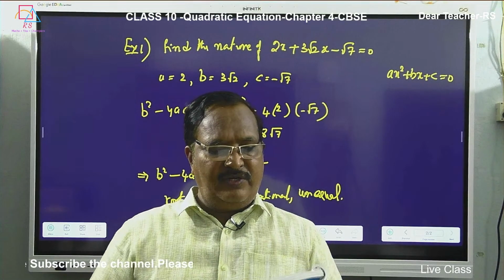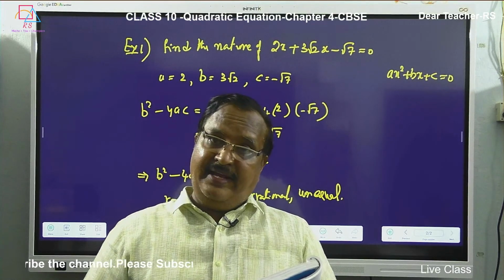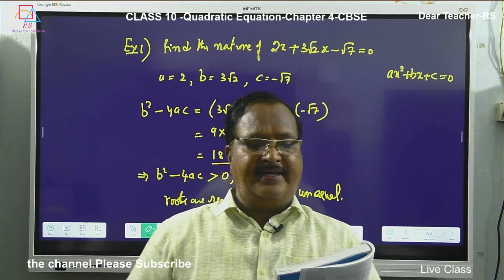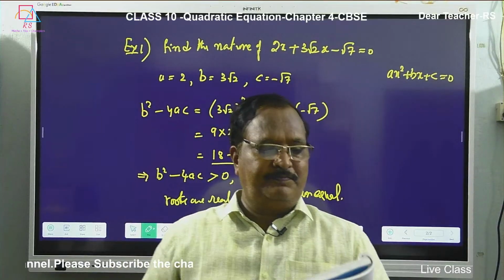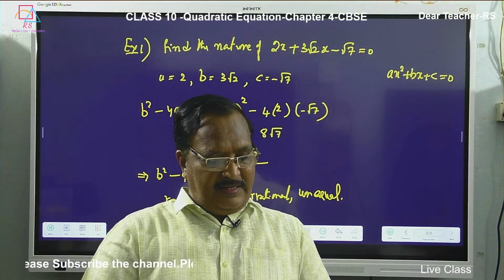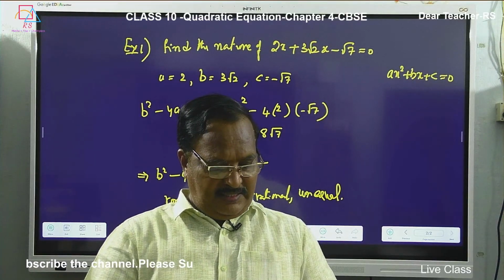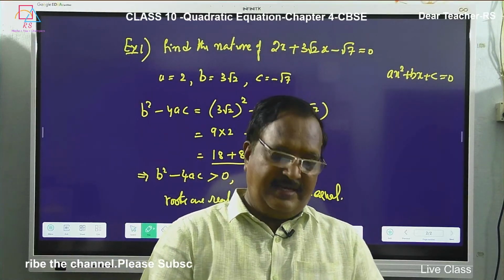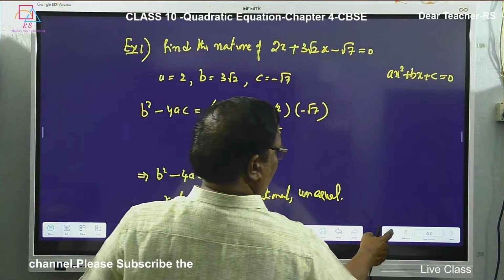Find the nature of the roots of the following quadratic equations. If the roots are real, find them. If you have the formula, you can use the formula method, or if there is a factorization, you can do the factorization. Let me do one question for you.